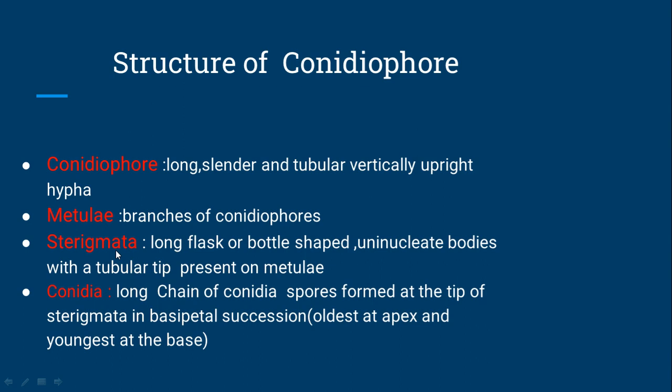Another name is also there, phialides. Each stigma bears a long chain of conidiospores in a specialized order, that is the basipetal succession. What do you mean by basipetal succession? The older spores are present at the tip and the youngest at the base. So these are the main parts of the conidiophore.